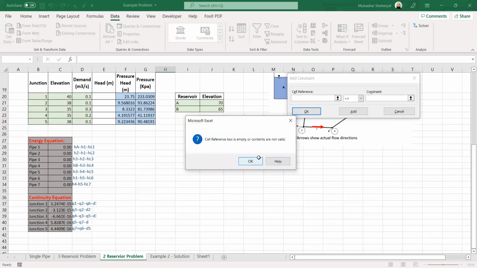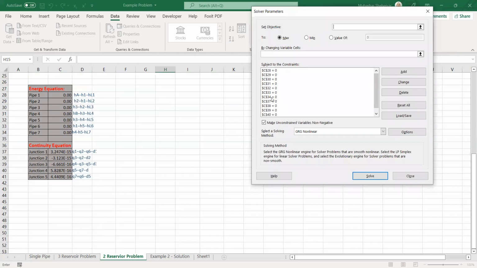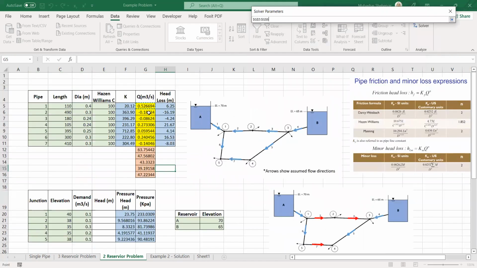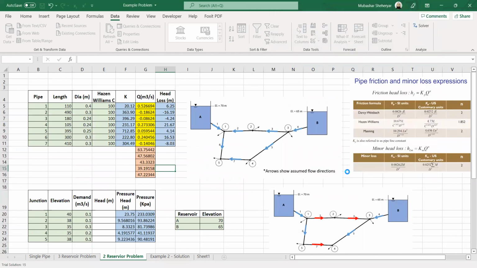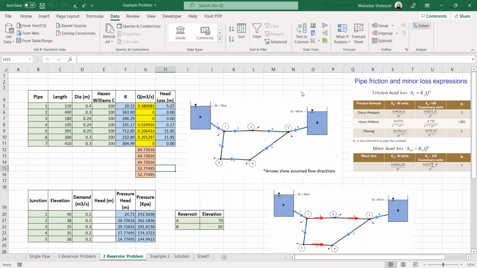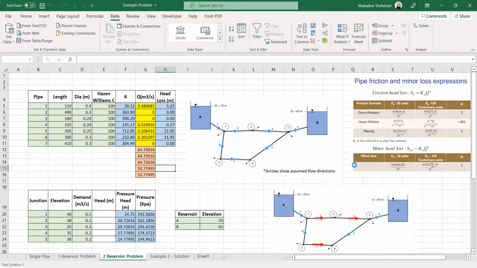So we have given a constraint to Solver that these cells should be equal to 0 by changing the values of these flows and head values. Before solving, you should make unconstrained variables non-negative, so it will solve properly then.